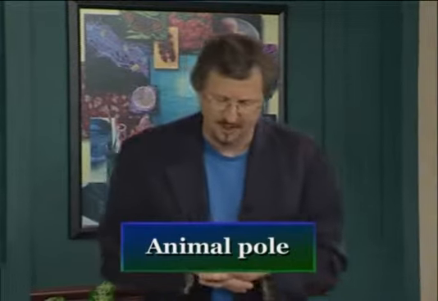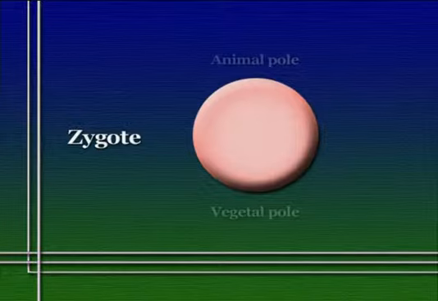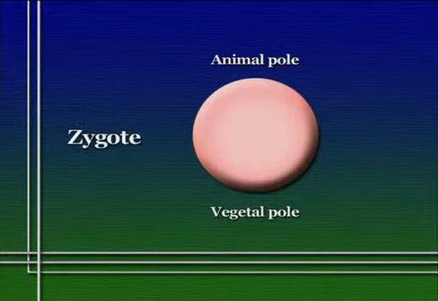Now, we're less interested in the distribution of yolk than we are in the distribution of those proteins and mRNAs that I just mentioned. But the idea of an animal pole and a vegetal pole is useful because we can begin to picture the zygote as something like a globe, say a model of the planet with a different north and south pole, or a different animal and vegetal pole that defines a polarity of that structure.